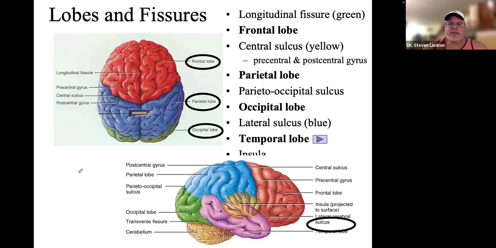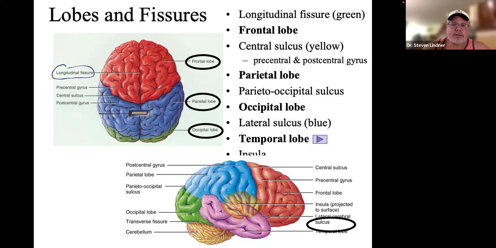So when we look here at the brain, we can see that we have these two hemispheres, a left and a right cerebral hemisphere, and right down the center is that longitudinal fissure. That's a pretty deep depression.